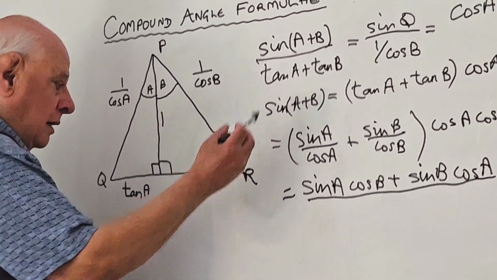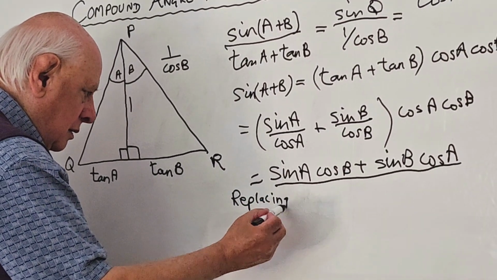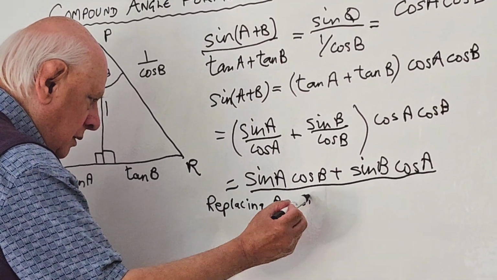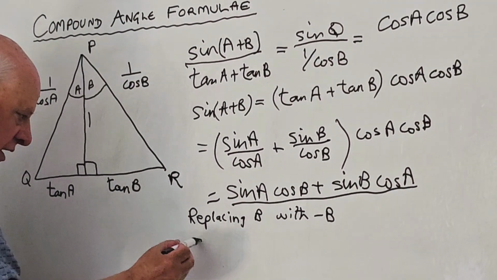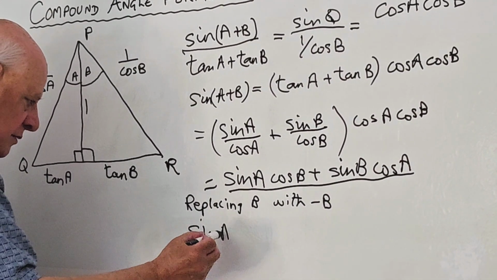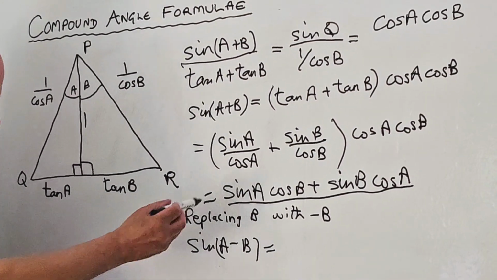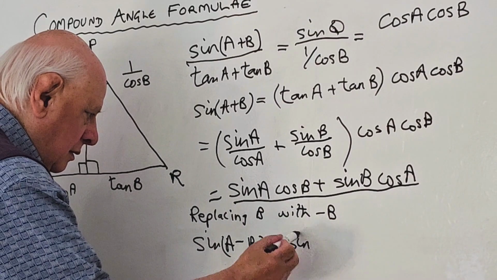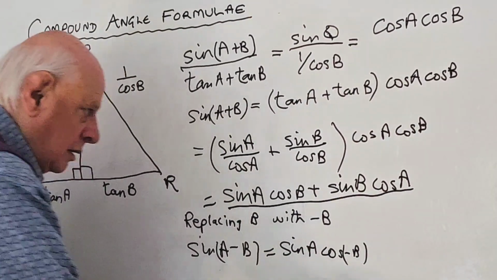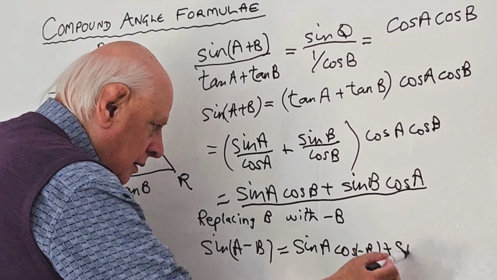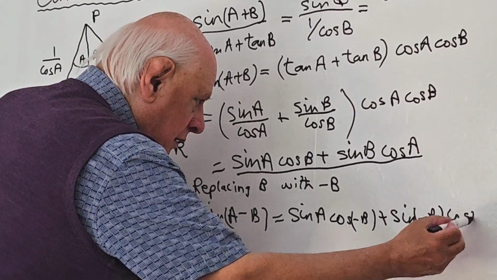So, replacing B with its negative, what we would get is sine of A minus B equals sine of A cosine of minus B plus sine of minus B cosine of A.